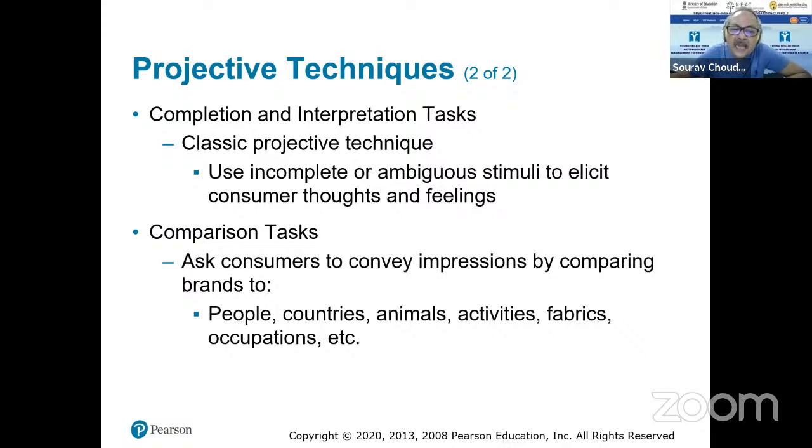And then comparison asks consumers to convey impressions by comparing brands to people, countries, animals, activities, fabrics, occupations, or many other different things. So you say, how can you compare this brand to something else? This brand is very rugged. It looks like an animal. This brand is very smooth like a fabric. This brand is so huge like a country.